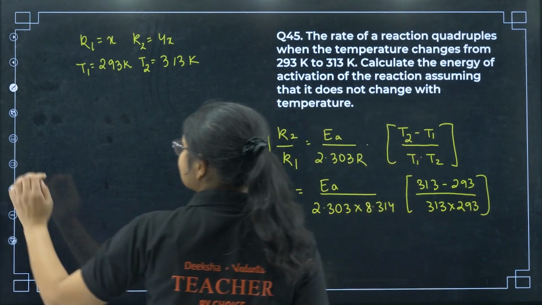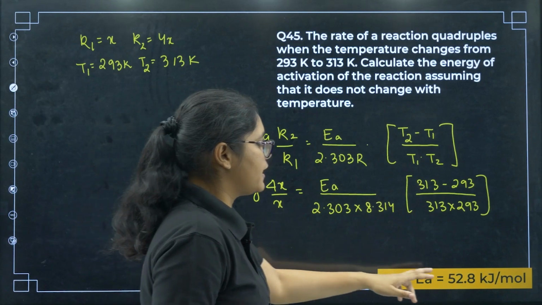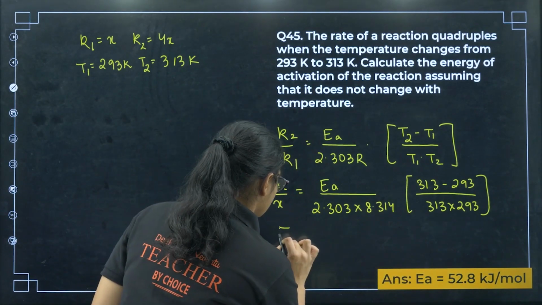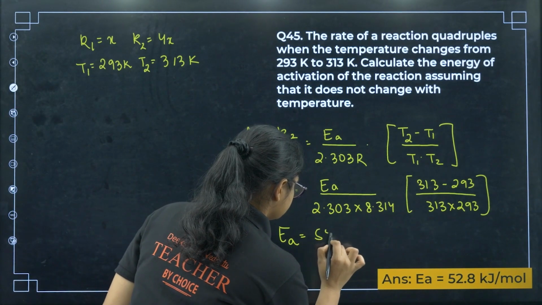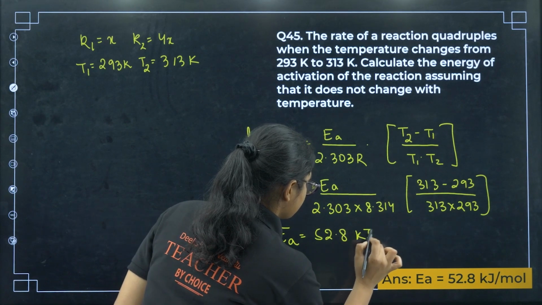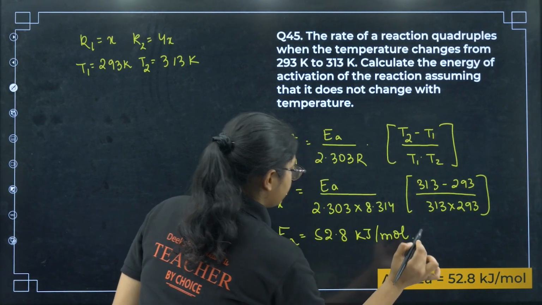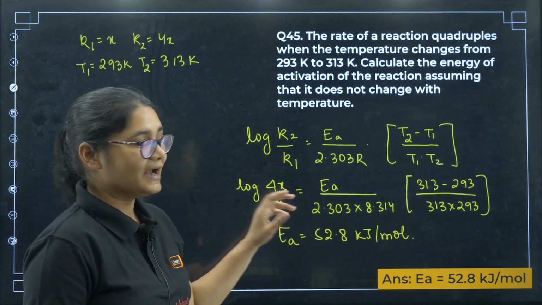So if you solve this and calculate, you will get the Ea value as 52.8 kilojoule per mole, okay. Clear? Okay, this is also a very simple and direct question.